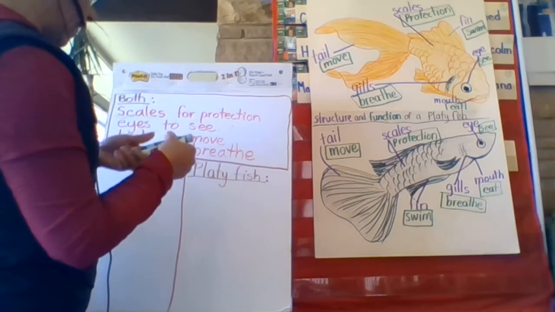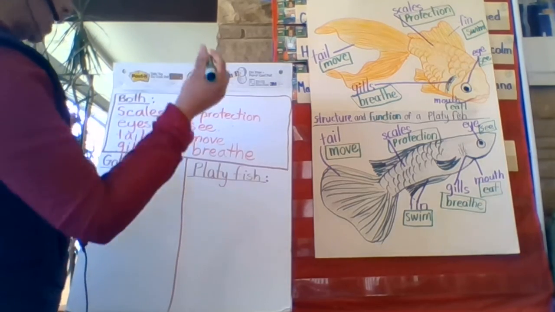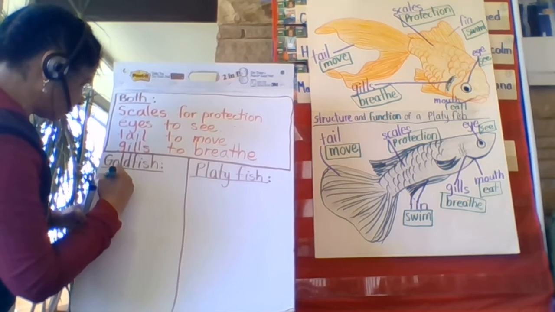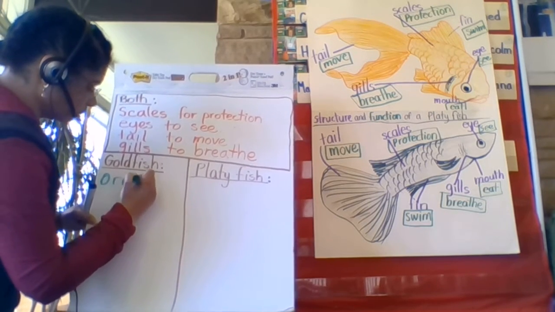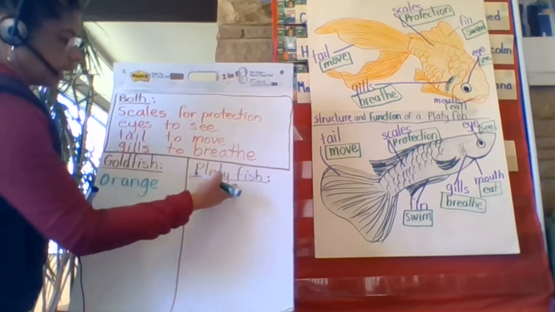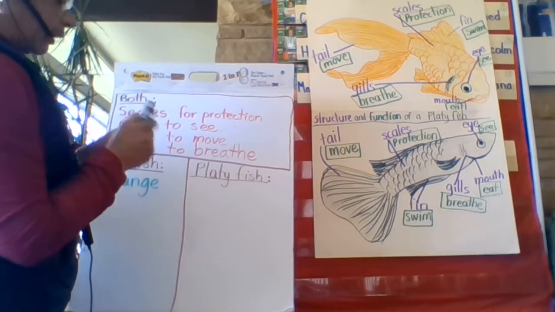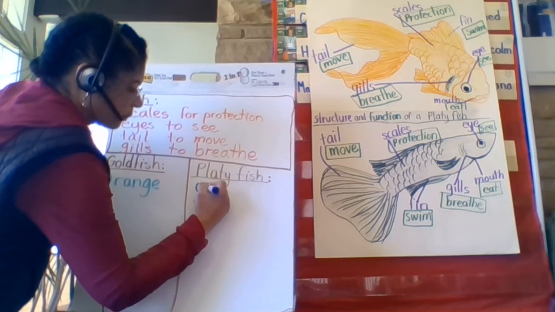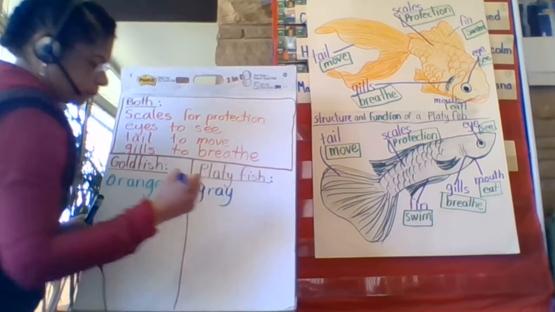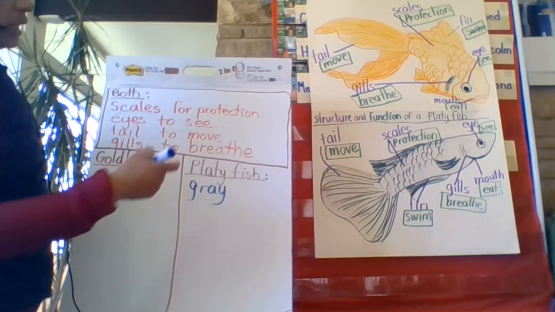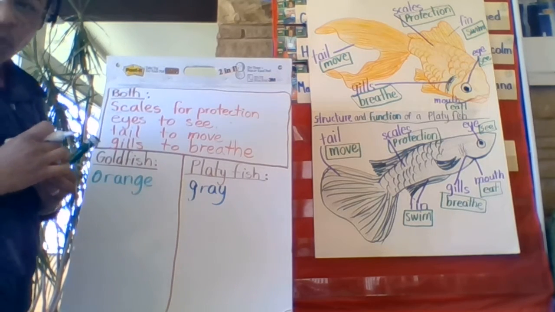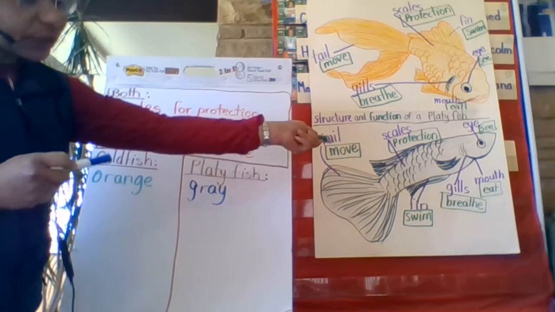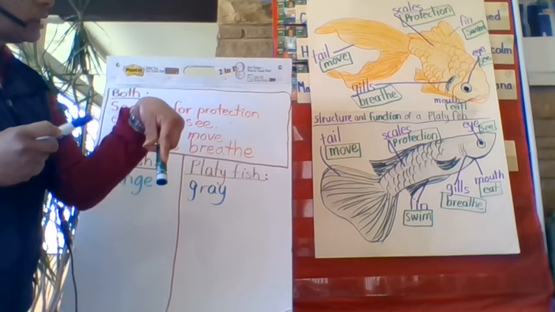So I'm going to go ahead and start by talking about the color. The goldfish is orange, and in this case, the platyfish is gray. What else is different? The color is different. What else is different? Yes, the shape of your body.